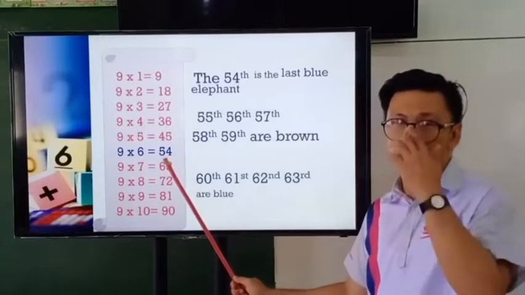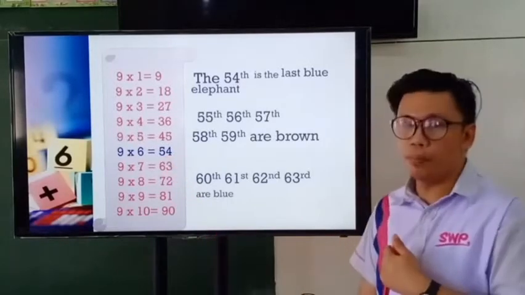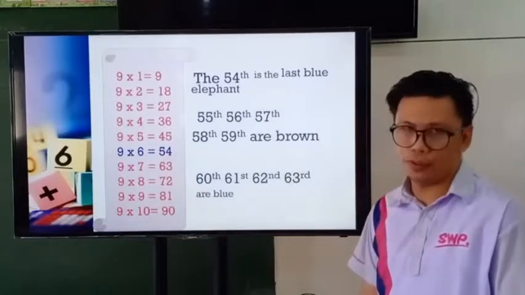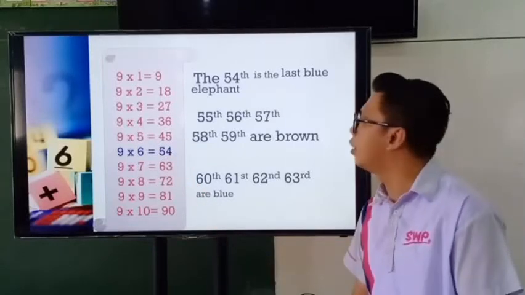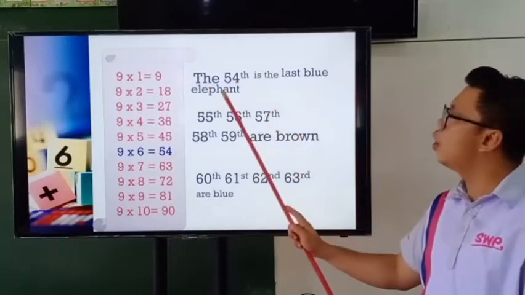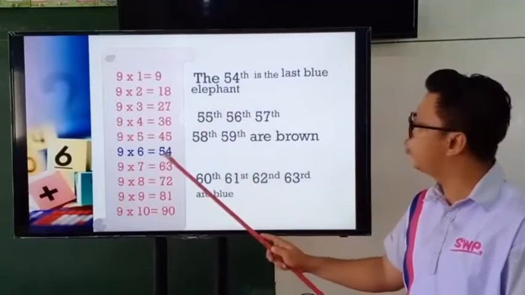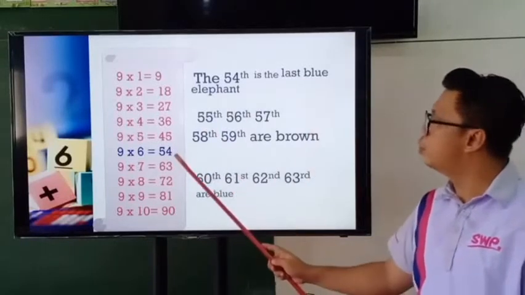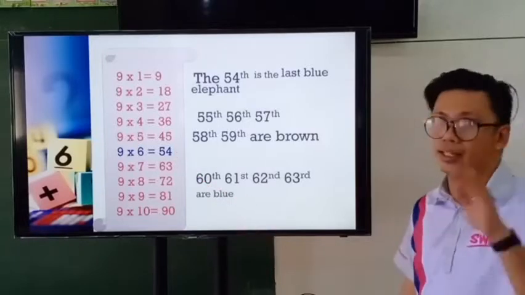Is this the close number to 62? Yes. So we can now focus on 54. The 54th is the last blue elephant. So we know that 54 is the last elephant of color blue. So it means we will start counting.